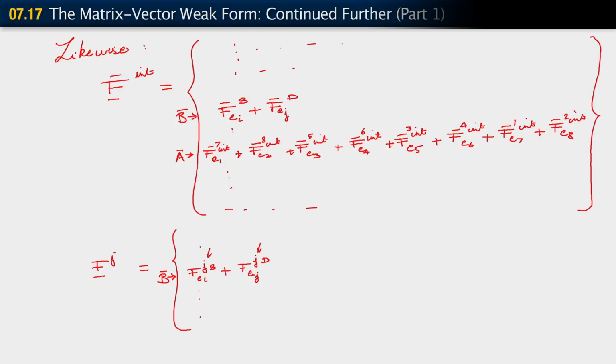So the same thing would carry on. That's how we would assemble these global matrices and vectors that go into our global finite element weak form, in matrix-vector form.